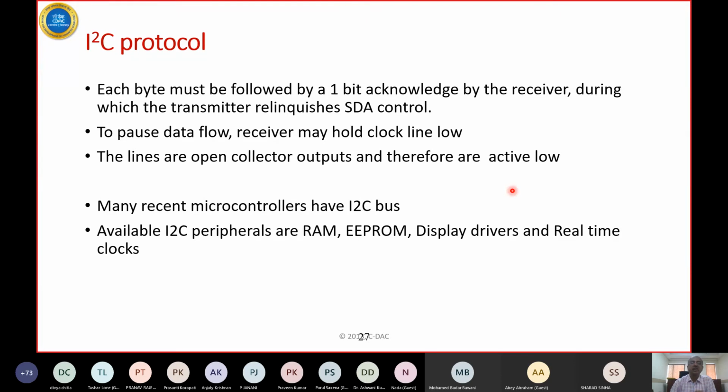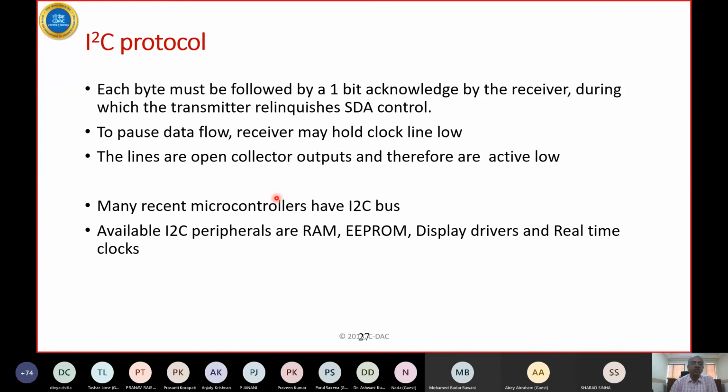Once 8 bits are gone, for every 8 bits transmitted, the receiver will give an acknowledgement. If the receiver is not in a position to receive the data, it can pause the data flow. How will it do that? It will hold the clock line low. Remember, it's an open collector, so any device can pull it low. So they are active low.